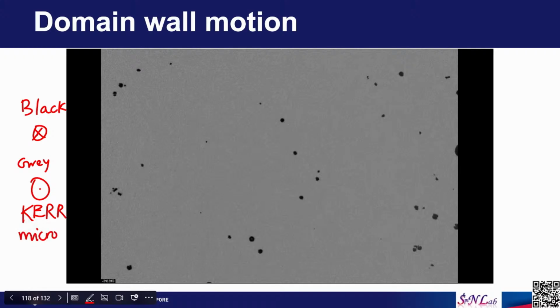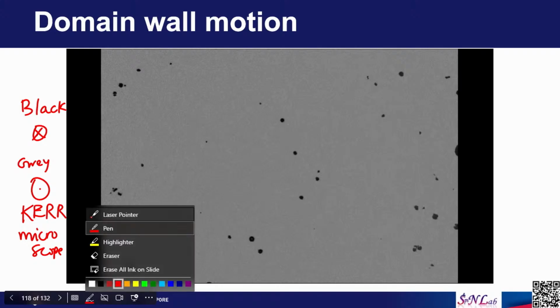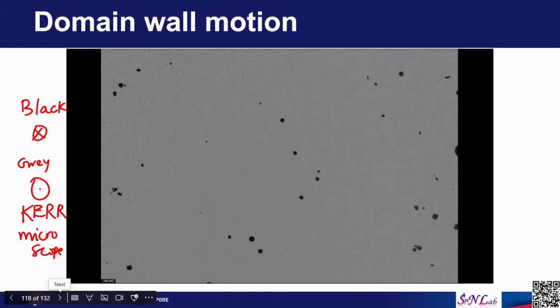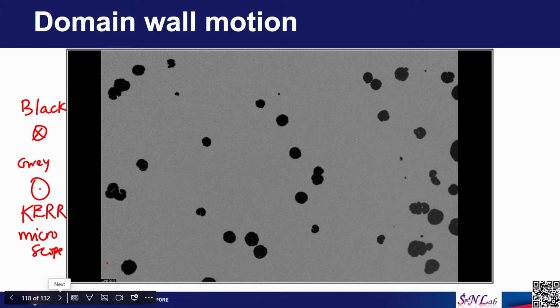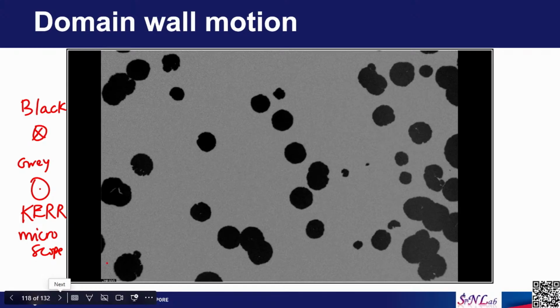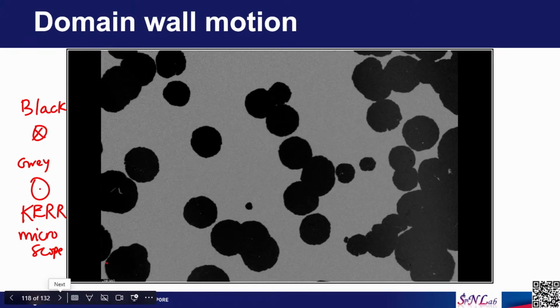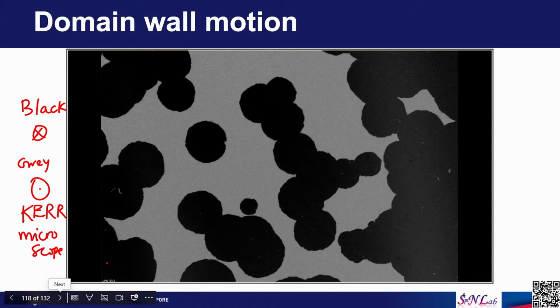So, we can observe the domains, domain wall motion and so on. You can see that when we apply a certain magnetic field, these domains expand. The black domain expands. So, this is the domain wall.